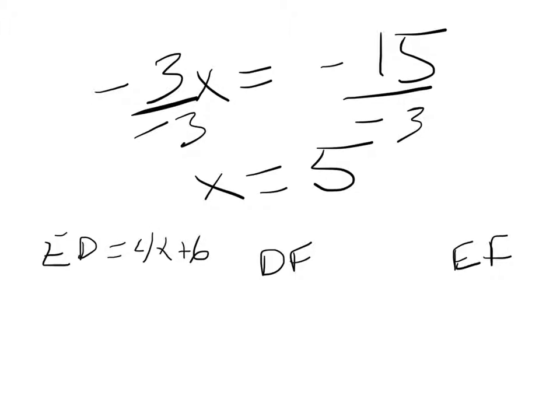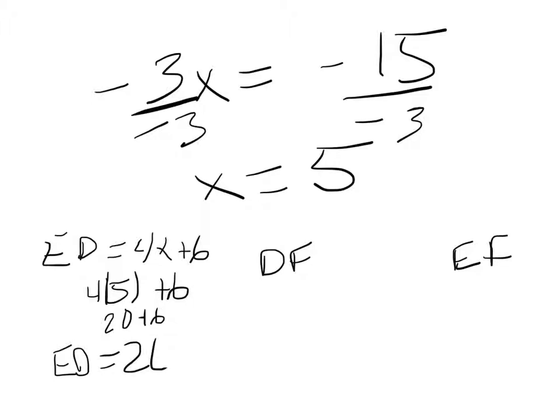So I just again substitute this 5 in, so I have 4 multiplied by the 5. 4 times 5 is 20 plus 6, ED equals 26. Now, since this was the midpoint, this should be the same thing. So DF was 7x minus 9. When I plug in my 5, I should get this to be 26. And we do.